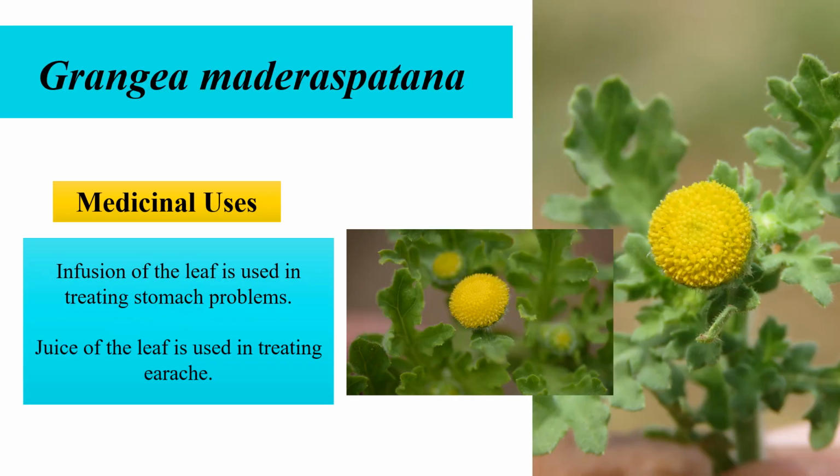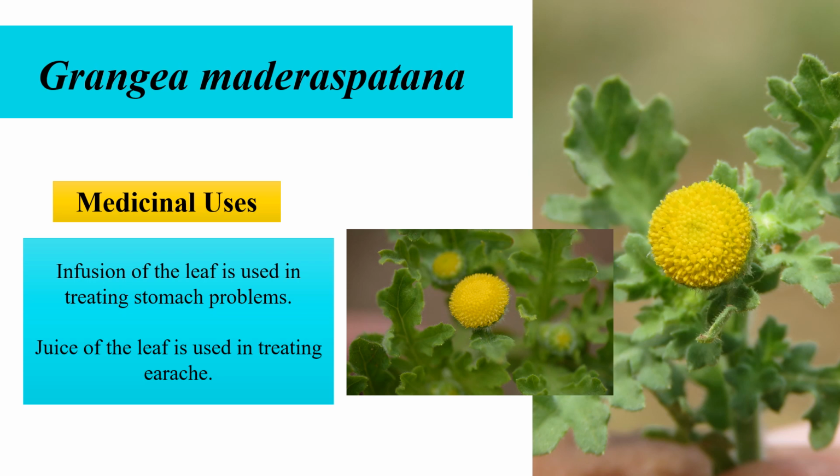Next is the Grangea maderaspatana. You can observe the beautiful yellow flower that clearly identifies the family Asteraceae. They are commonly found in marshy areas and in grasslands, and they are sometimes associated with carnivorous plants also, like we have observed this plant near Utricularia and Drosera species.